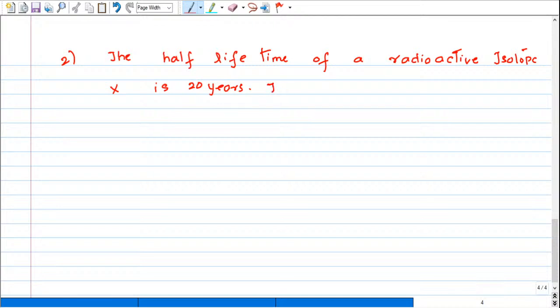It decays to another element Y, which is stable.